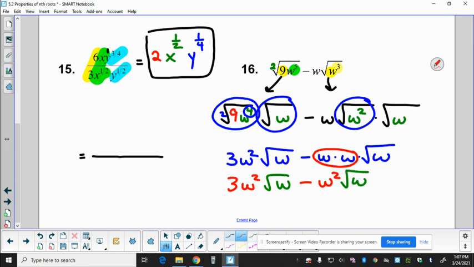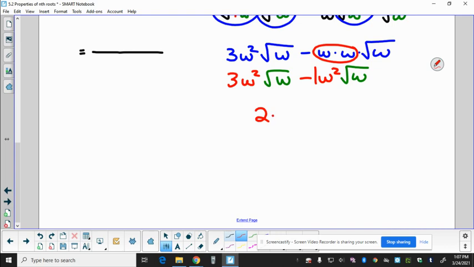Okay, you see what's going on? So you basically have 3 minus 1, 2 w squared, radical w, final answer.